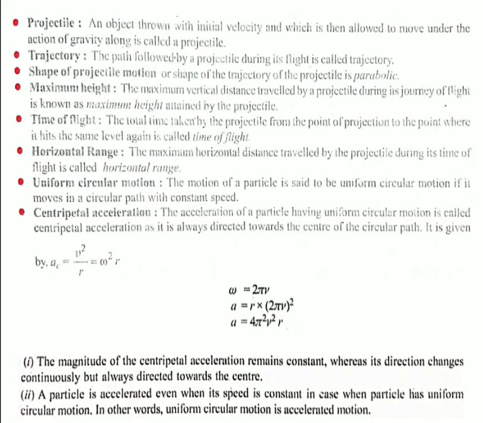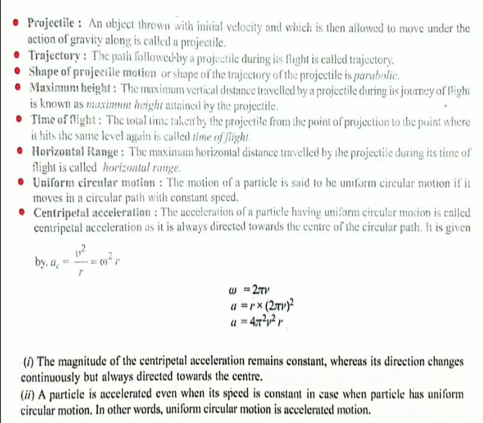Here the particle is accelerated even if the speed is constant, if a particle has uniform circular motion. So if they ask for 1 mark, give an example for accelerated motion: uniform circular motion is an accelerated motion.